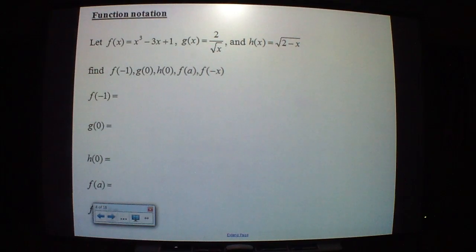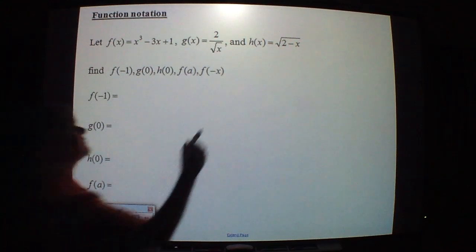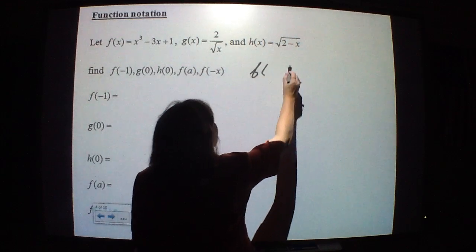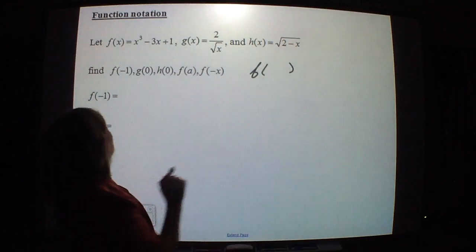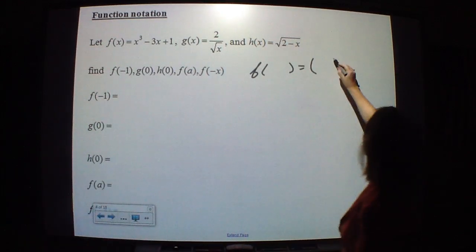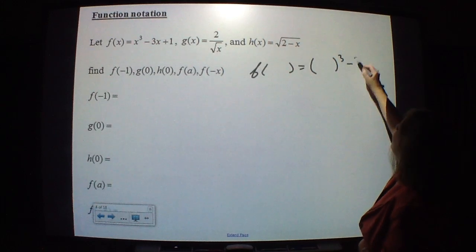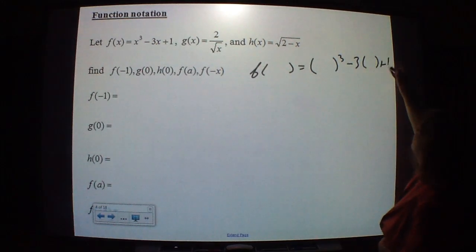I have 3 functions here. F of x is equal to x cubed minus 3x plus 1. G of x is equal to 2 over the square root of x. H of x is equal to square root of 2 minus x. Remember, if I have some function here, let's say f of x. I'm just going to write f of something. F of x is equal to x cubed minus 3x plus 1.